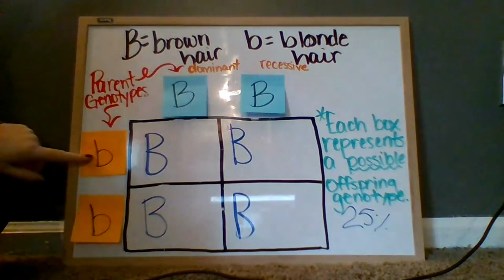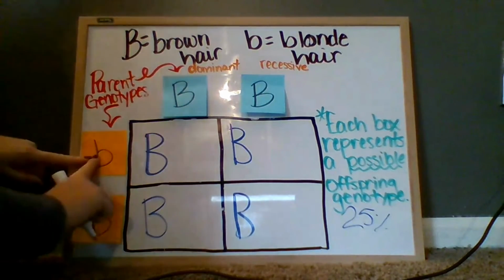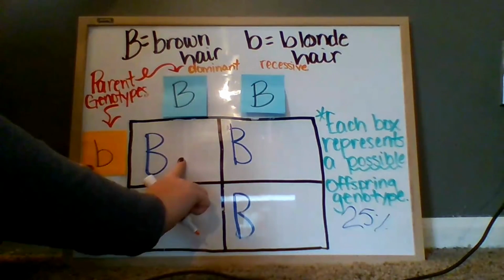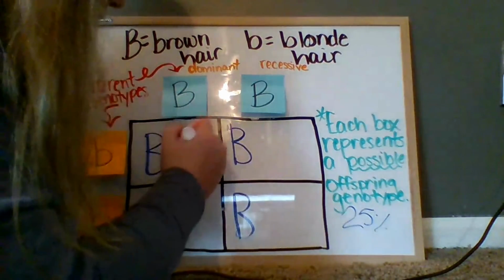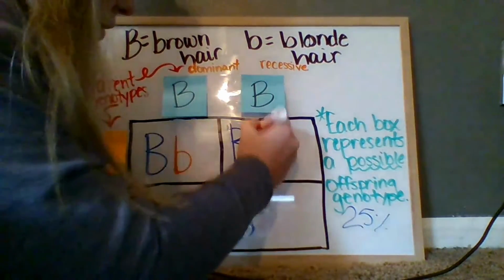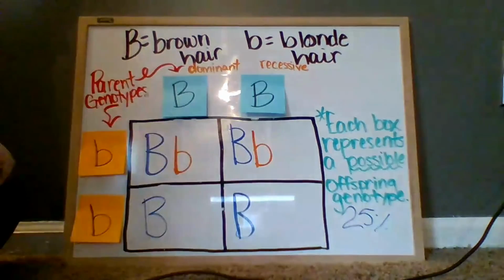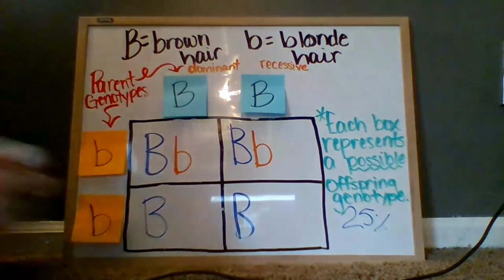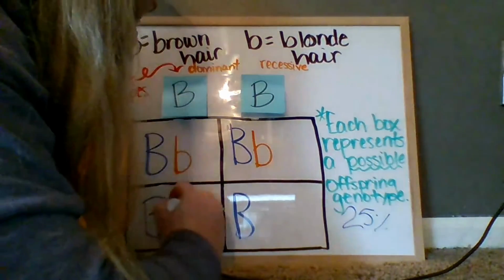We go over to our recessive alleles. This recessive allele, this lowercase b, is going to come over here to the first box and to the second box. Same thing down here. The only thing that this parent can pass on is a recessive allele.